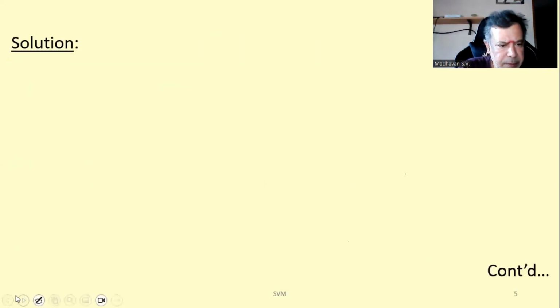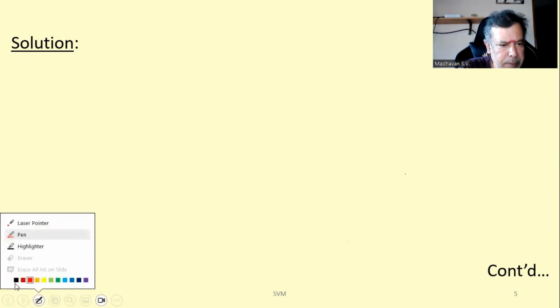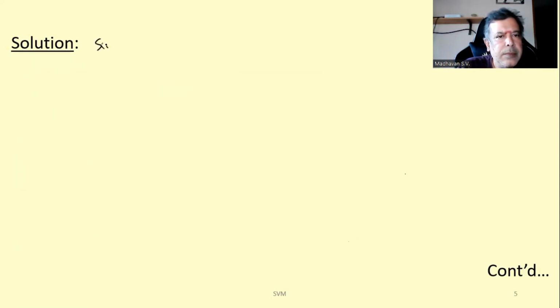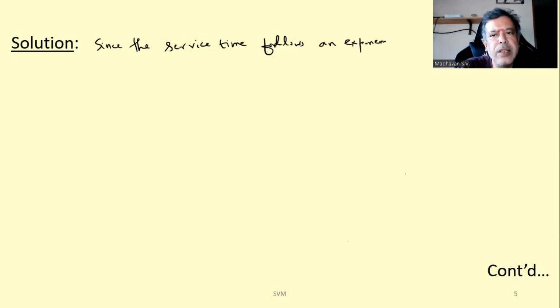So I'll say, since the service time follows an exponential distribution, that is specified in the question, it implies that the service rate will follow a Poisson distribution.